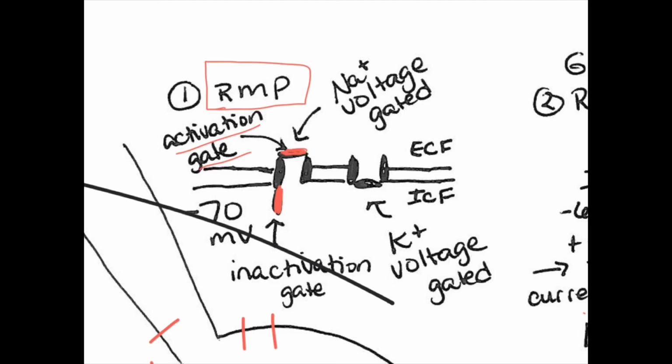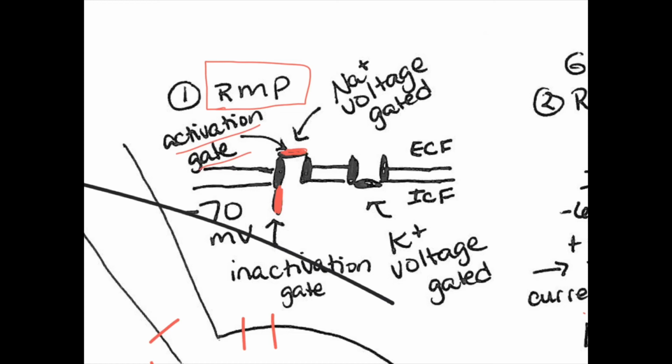If the voltage gets to negative 70 or negative 60, that activation gate will open. The reason we have to talk about this is because it's going to help us understand the refractory periods, all right? That's why we're talking about this.